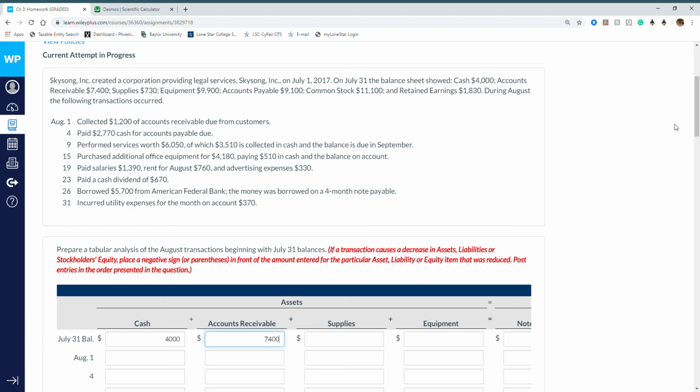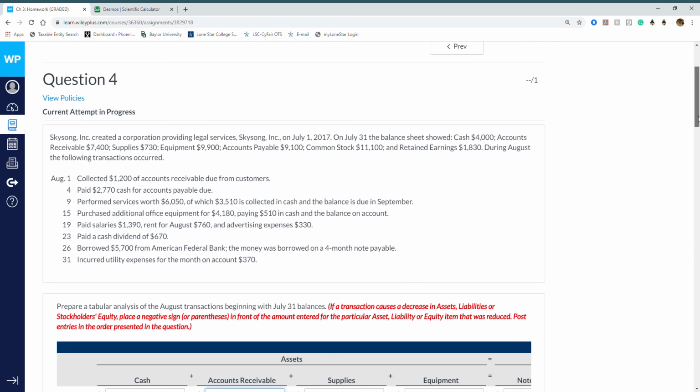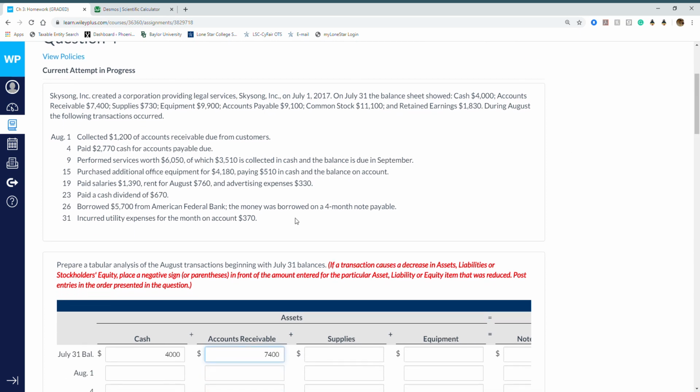So August 19th has all 3 expenses that happen in that transaction. All of those will have their separate lines. And here we incurred utility expense for the month on account.